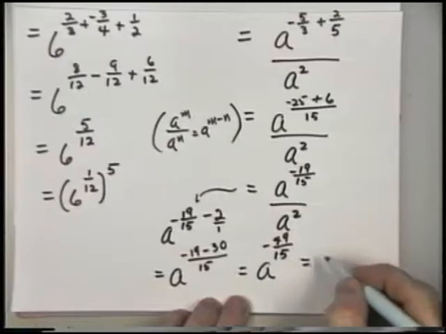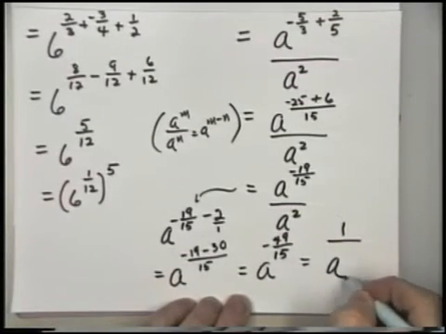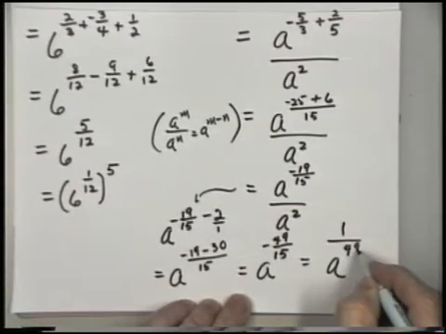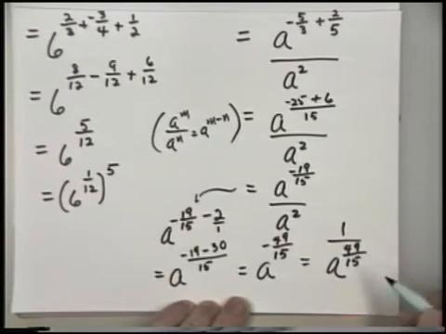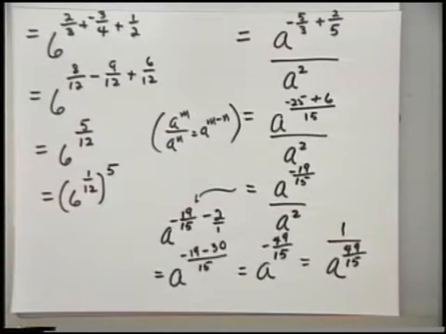Well, are we done? Well, no, we said with no negative exponents, so I'd rewrite that as 1 over a to the 49/15. Get rid of that negative exponent. And it's a simple fraction. It's reduced, and it has no negative exponents. And that's it.